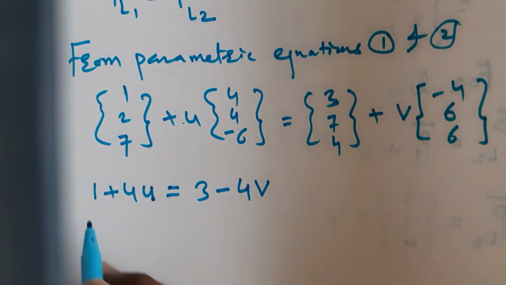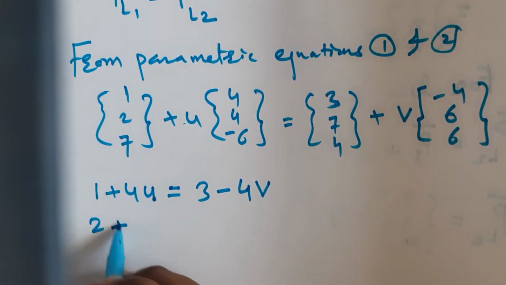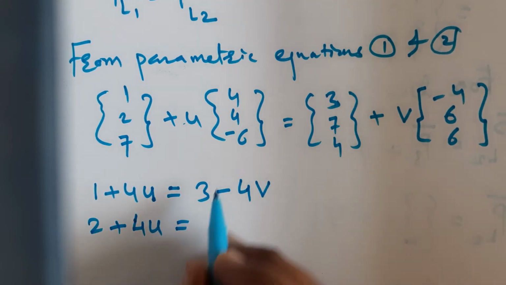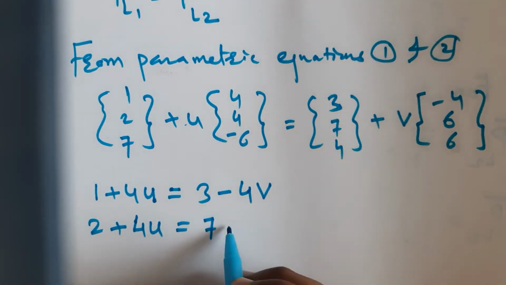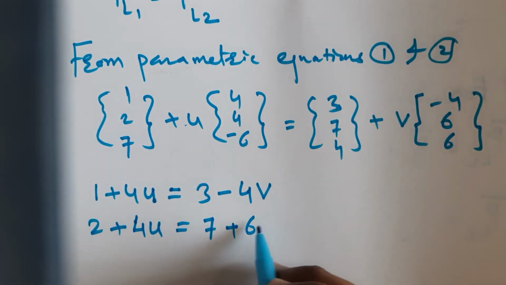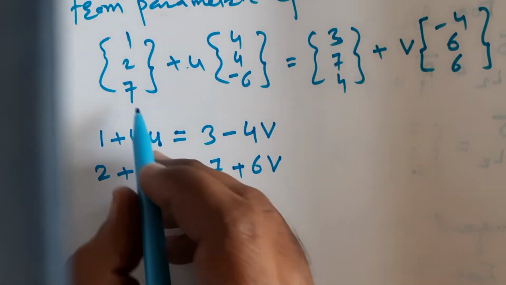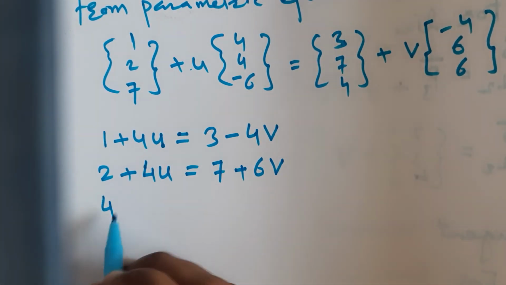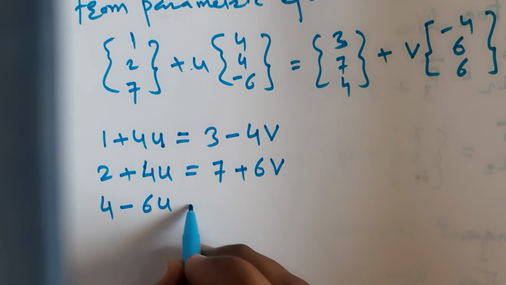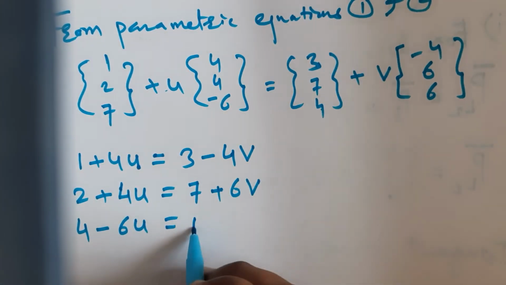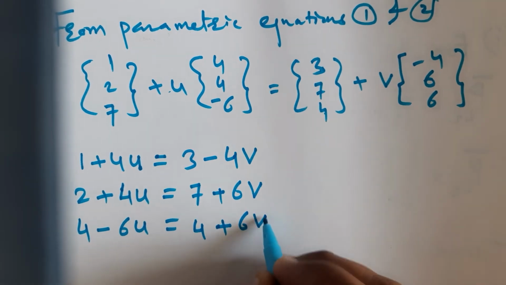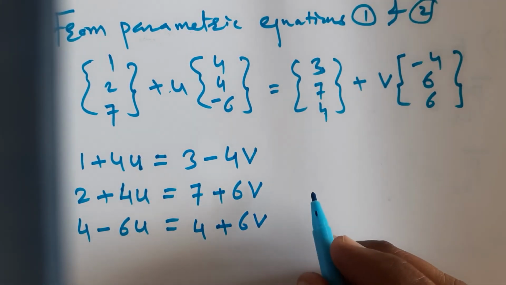Second, 2 plus 4u is equal to 7 plus 6v. Now third equation, 7 minus 6u is equal to 4 plus 6v. Okay, so these are the three equations.